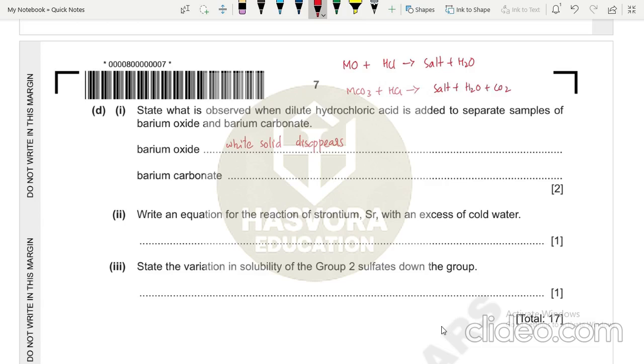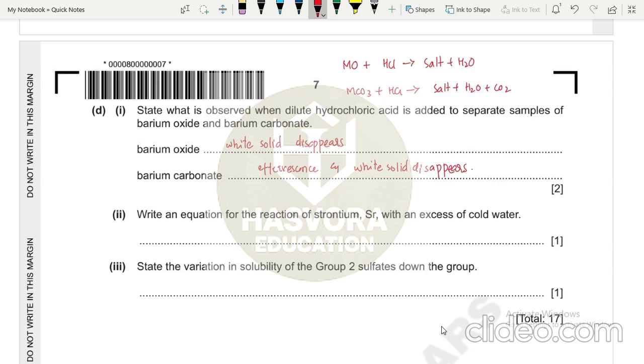So we can write effervescence of colorless gas, and white solid disappears because the carbonate of the barium is also white in color.